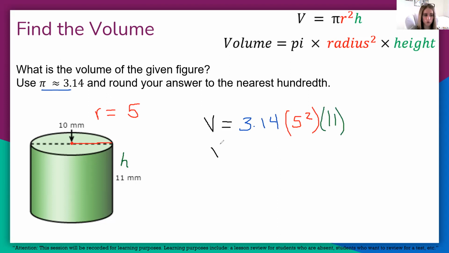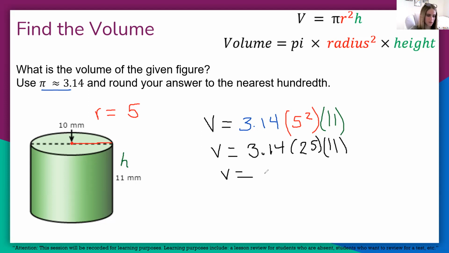Let's follow order of operations. Make sure we do our exponents first. What would be 5 squared? Hopefully you said 25. Now we're just down to pure multiplication. So we can type that into our calculator to find our volume.